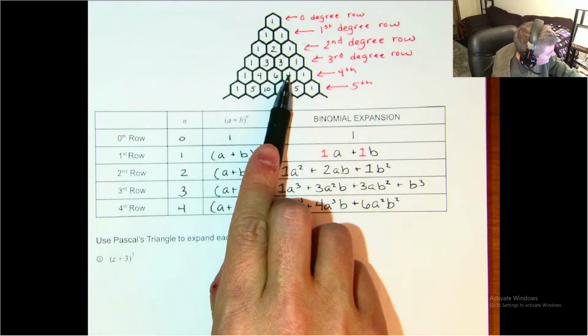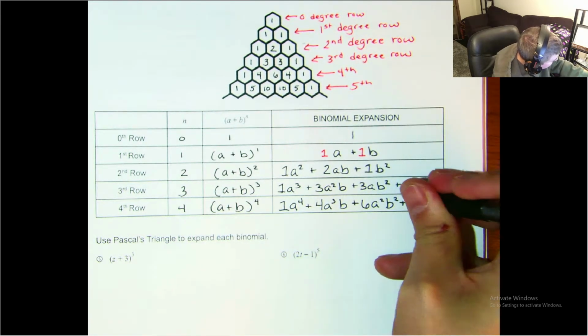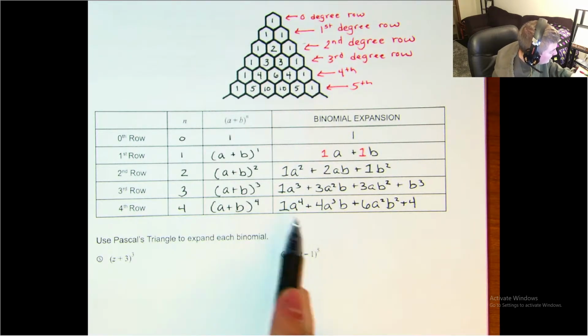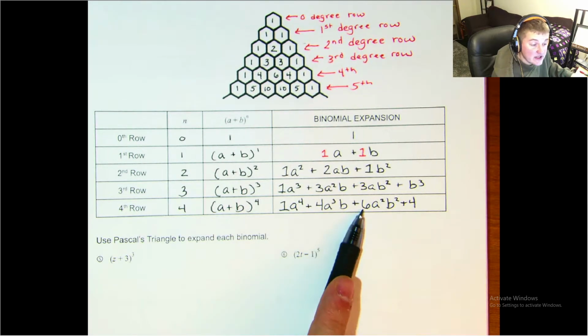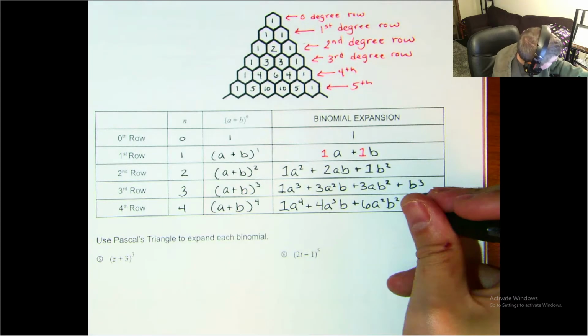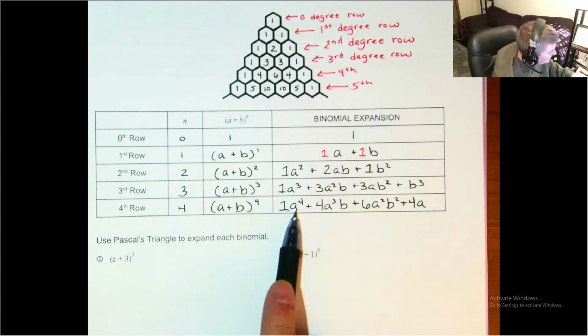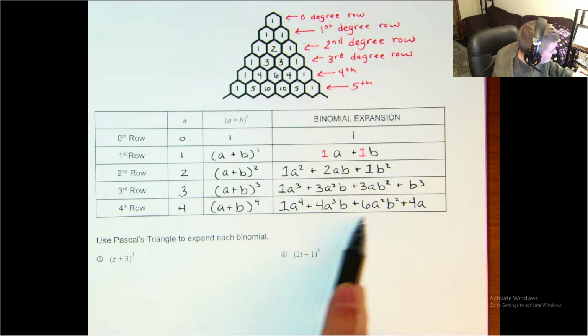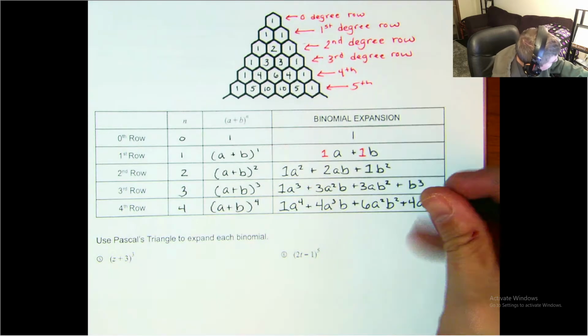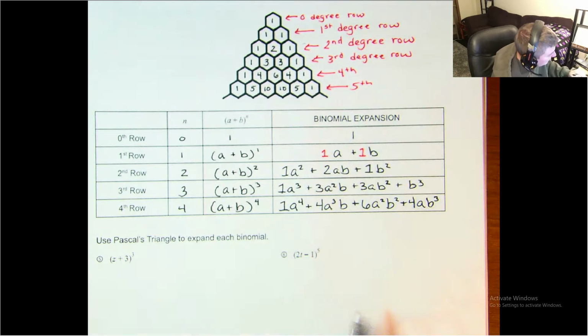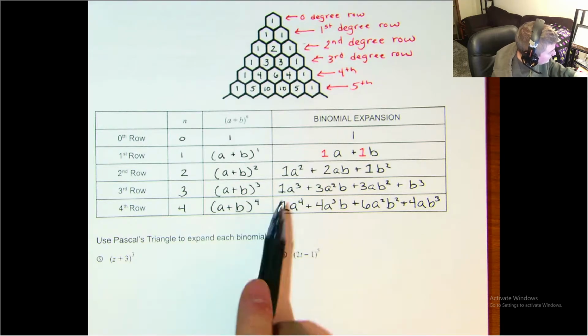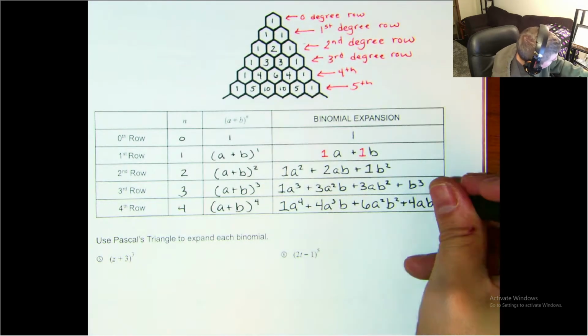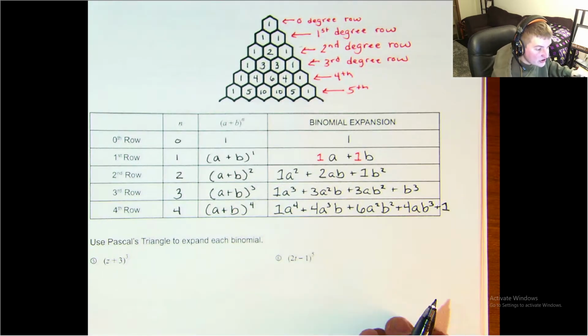Okay, next cell is a 4 again. A to the 4th, a to the 3rd, a to the 2nd, a to the 1st. B to the 0, b to the 1st, b to the 2nd, b to the 3rd. Lastly, 1, so again another 1. I'm going off the charts here, that's okay.